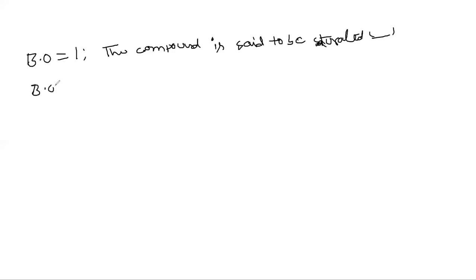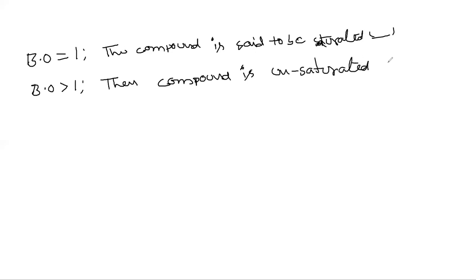If the bond order is more than 1, then the compound is unsaturated. What does it mean? Unsaturated means it may contain a double bond or a triple bond. Okay.